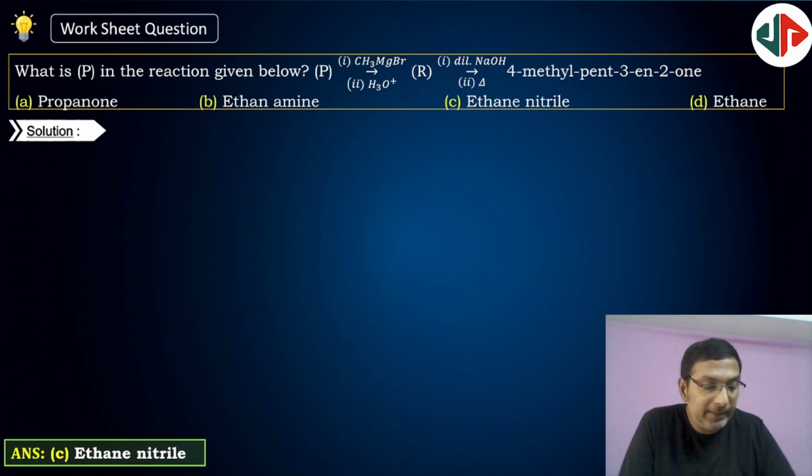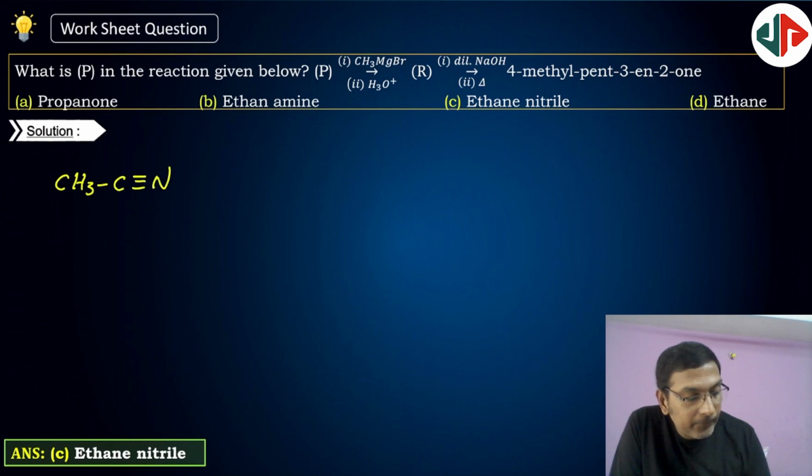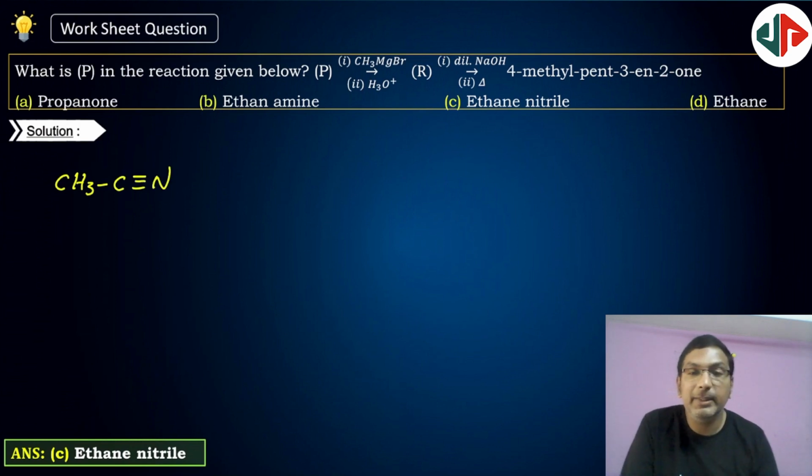What is P in the reaction given below? We should identify P. So here I am taking ethane nitrile. Nitrile means cyanide. It means two carbon atoms.